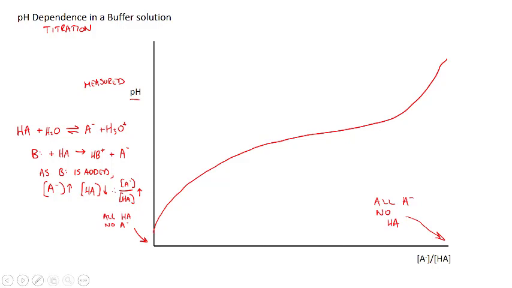We would have a curved line that sort of flattens out at some intermediate situation, at some intermediate ratio.